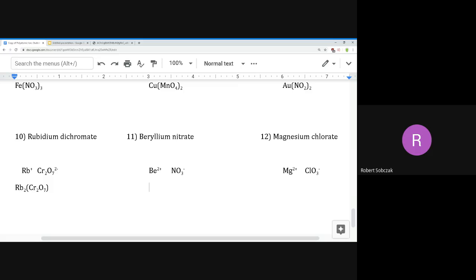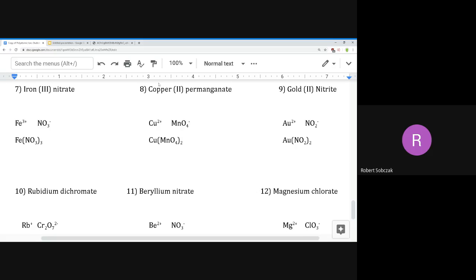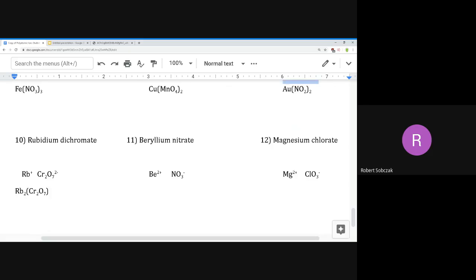Your call. Beryllium nitrate looks exactly the same as copper(II) permanganate, looks exactly the same as gold(II) nitrite. We have a monatomic ion with a charge of +2, a polyatomic ion with a charge of -1. We crisscross.